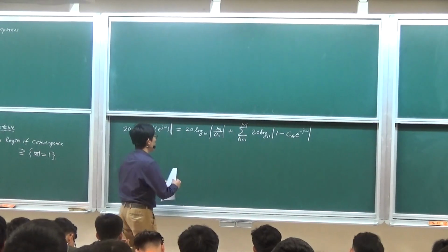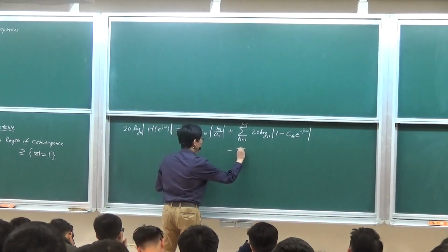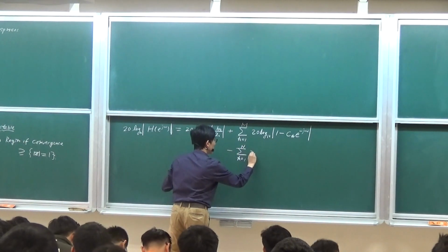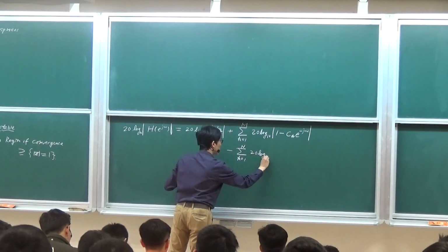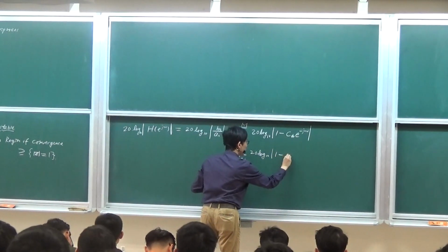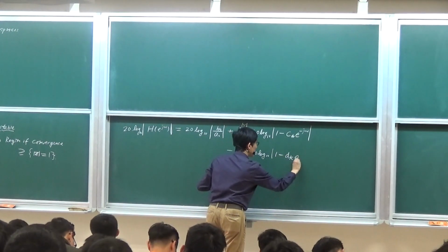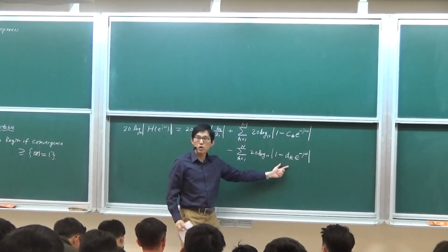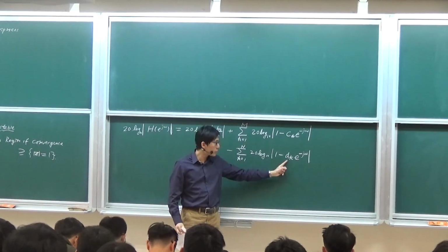Okay, and similarly, we have the contributions from poles after taking 20 log 10. So this term describes the contribution to the magnitude response due to the presence of every pole.